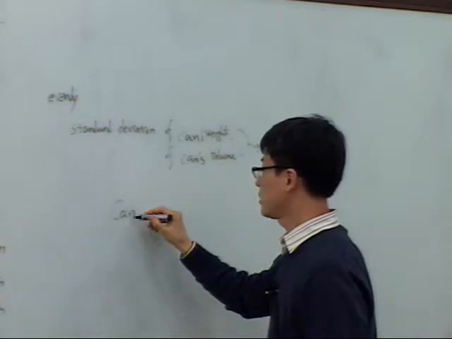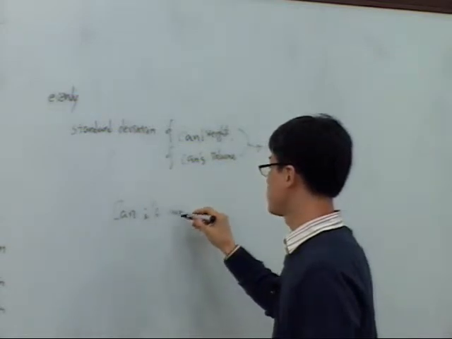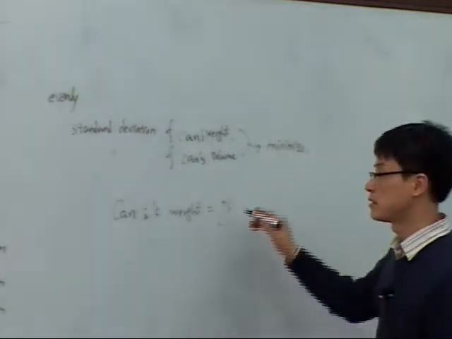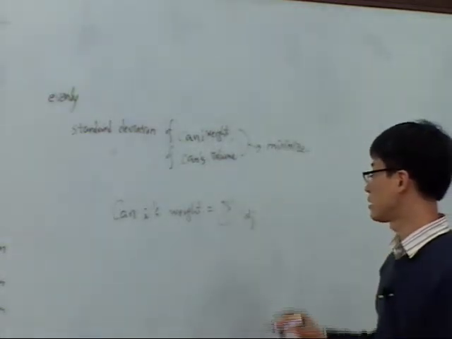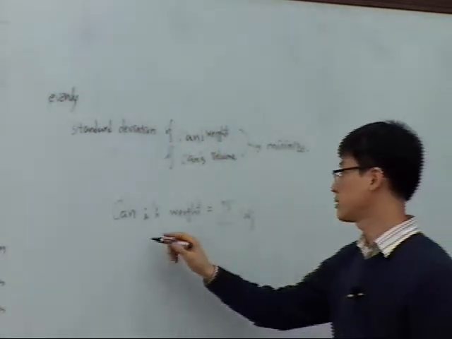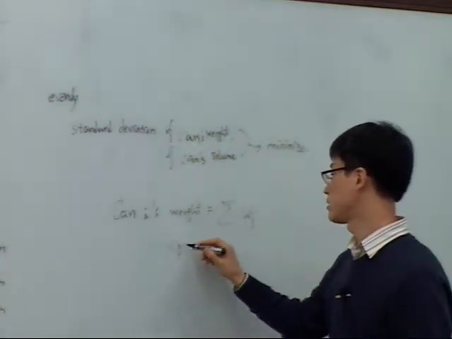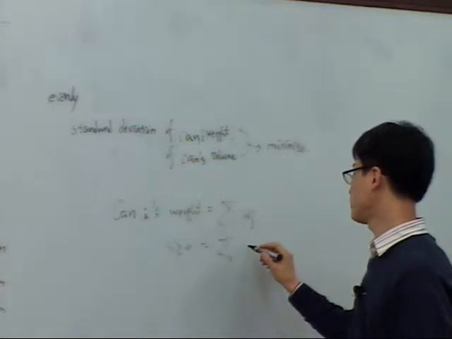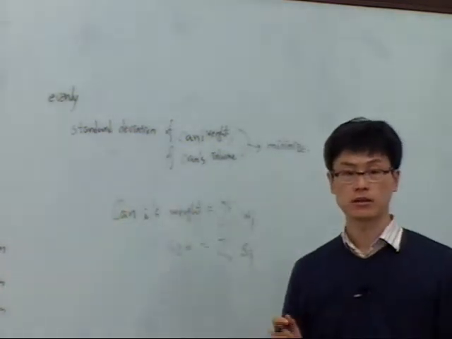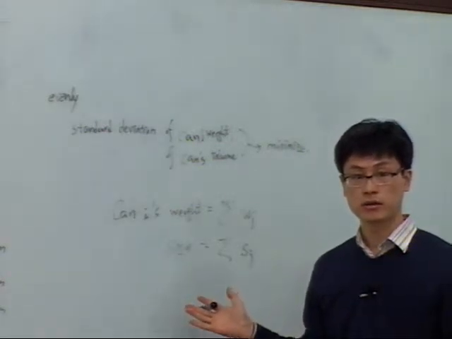So, can i's weight is defined as the summation of wj, which is inside of this can. And can i's size is just the summation of the sizes of the beans inside of this can. Simple, right?